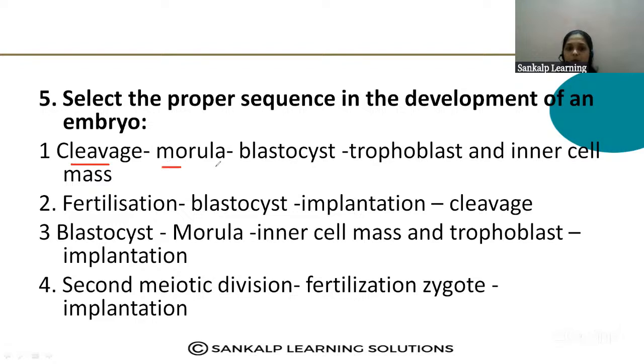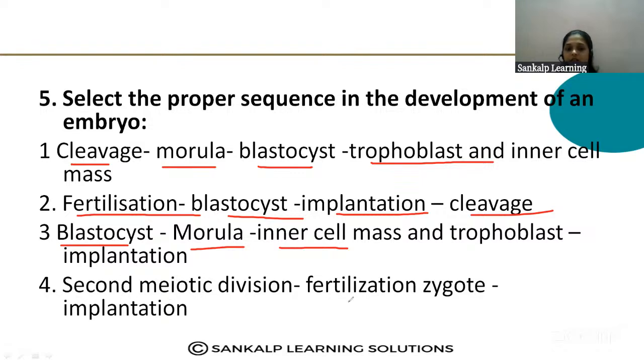Cleavage, morula, blastocyst, trophoblast and inner cell mass, fertilization, blastocyst, implantation; cleavage, blastocyst, morula, inner cell mass and trophoblast, implantation; second meiotic division, fertilization that forms the zygote, and implantation.